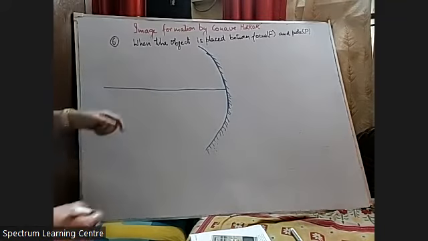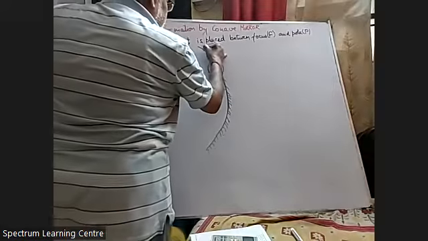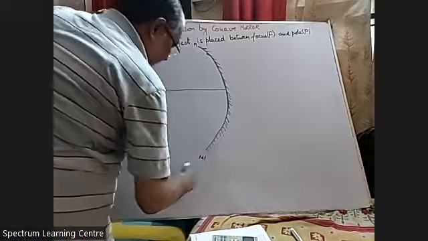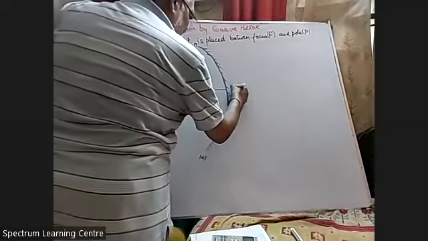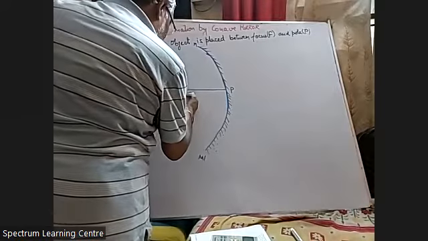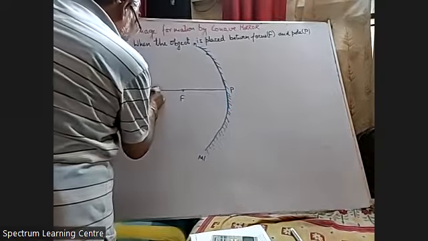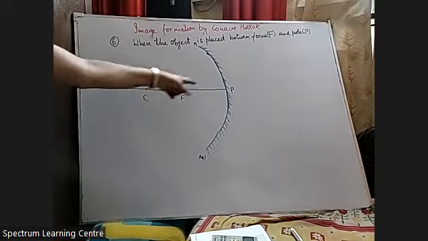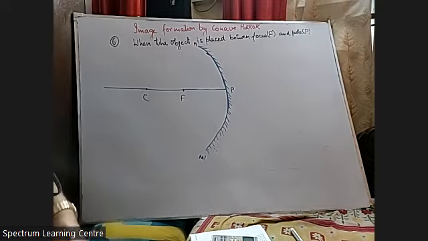Okay, now this is my mirror M M dash. This is pole. Say this is focus, and this is center of curvature. Even if it is not required, you have to mark all these things. This is very important.